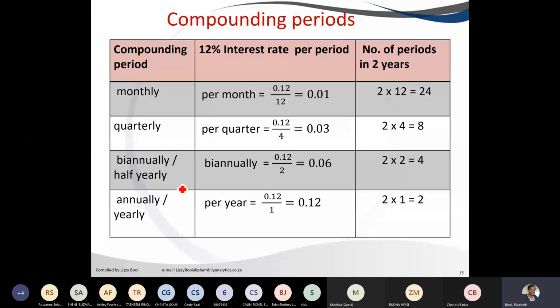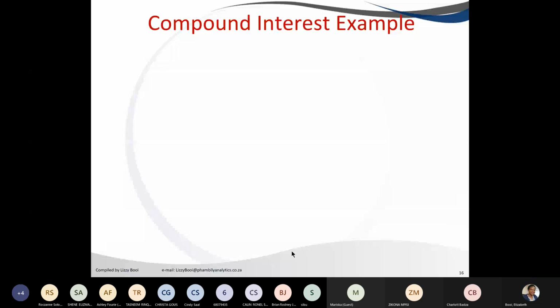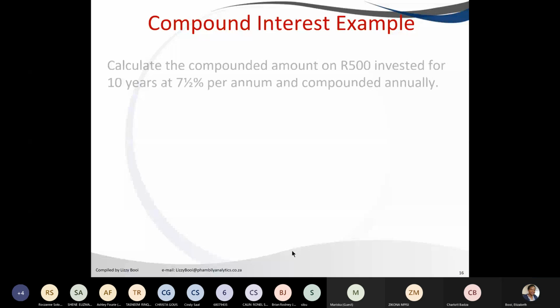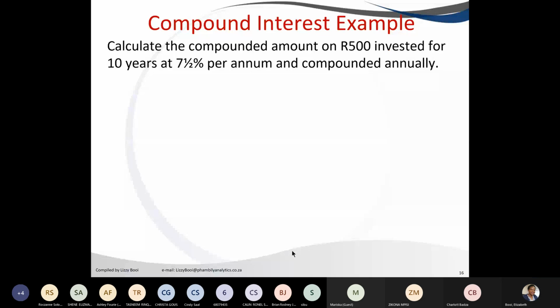Okay, so let's look at an example. And here I'm going to do it both ways, for those with a financial calculator and for those who are calculating manually, who have a scientific calculator, a Casio or something like that. So let's calculate the compounded amount of 500 invested for 10 years at 7.5% per annum, and it is compounded annually.